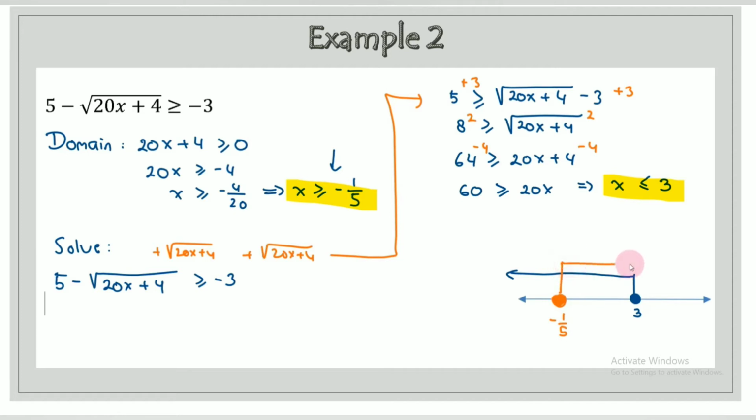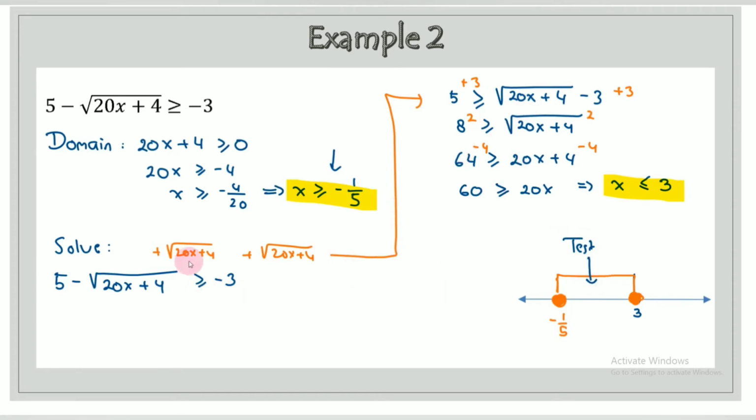Otherwise, it will give you imaginary numbers. So let's combine both the domain and the solution, and in the end, the acceptable solutions based on the domain and the solution itself are all values of x between negative 1/5 and 3 inclusively.